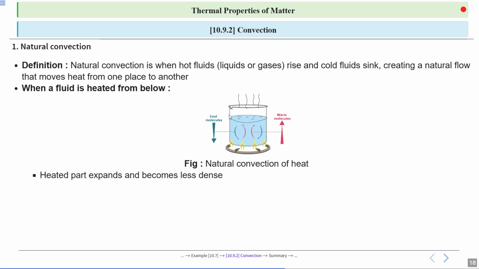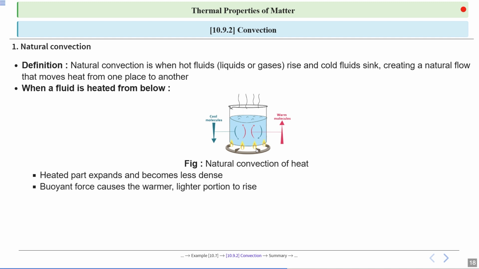So the directions of cold molecules and warm molecules are opposite. The heated part expands and becomes less dense. So a buoyant force causes the warmer and lighter portion to rise. When we heat a liquid, or fluid, the molecules gain energy and move in an upward direction because of less density.